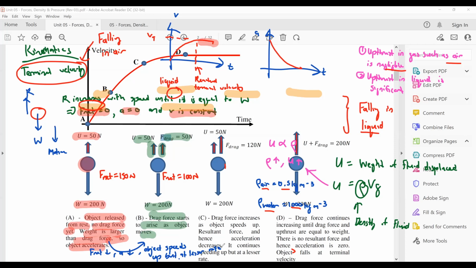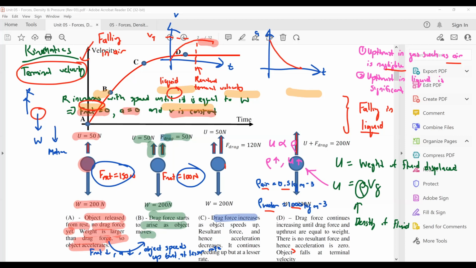Okay. From 150 Newton to 100 Newton, your net force has decreased, your acceleration has dropped. You're still speeding up, but at a lesser rate.